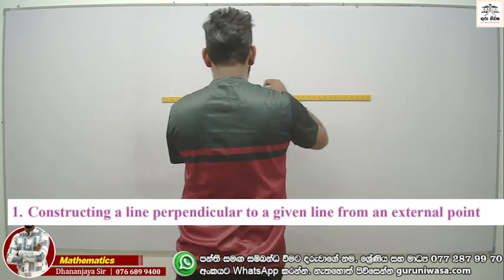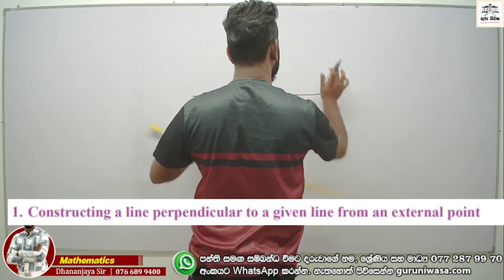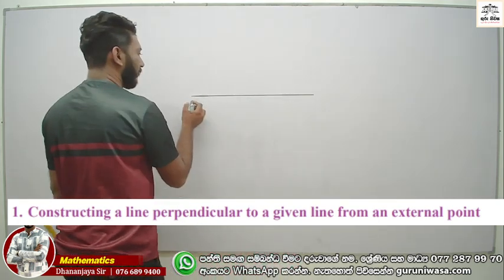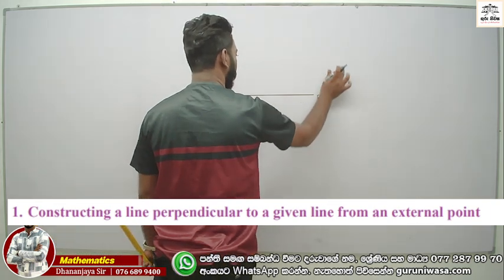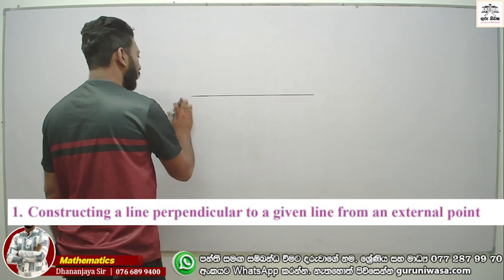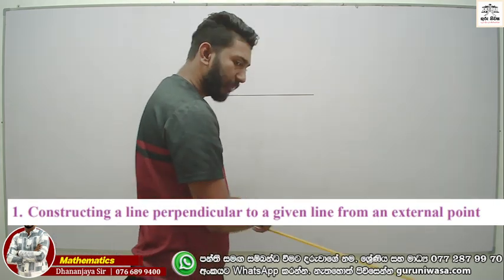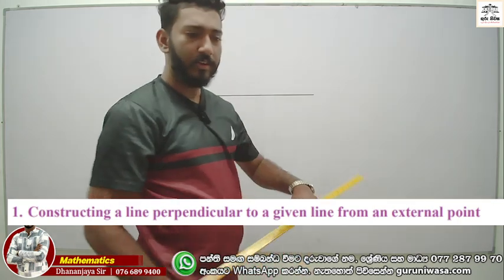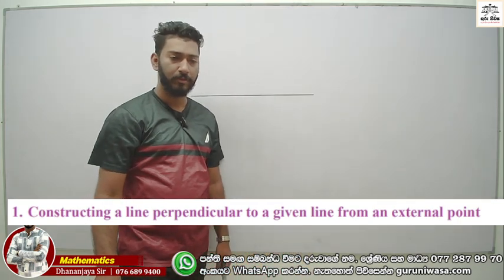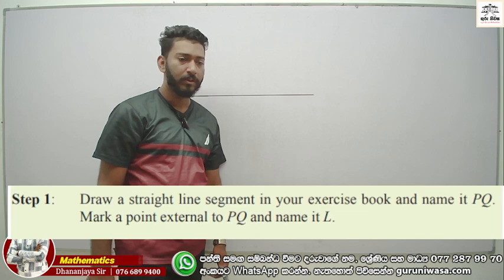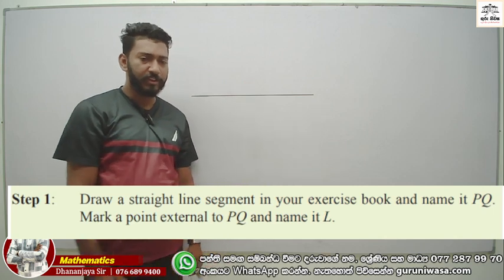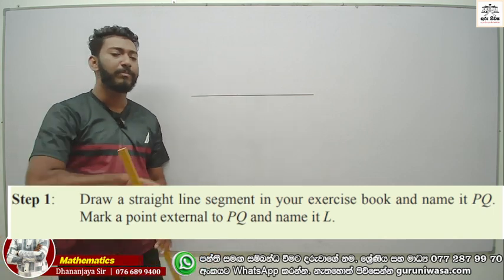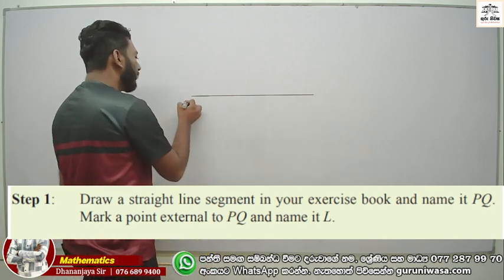Now this is a straight line, AB or PQ. I'm going to discuss it step by step. Right. Now look at the first step. Step number one, draw a straight line segment like this in your exercise book and name it PQ.